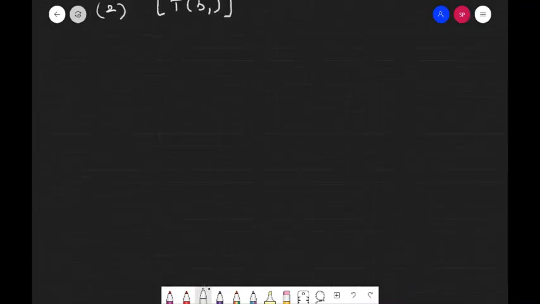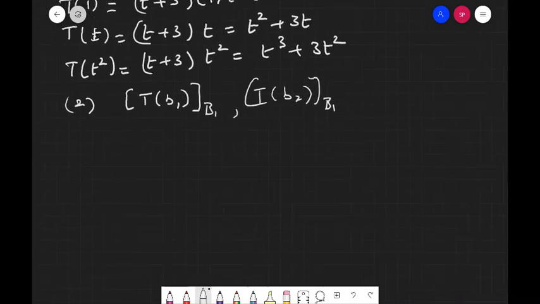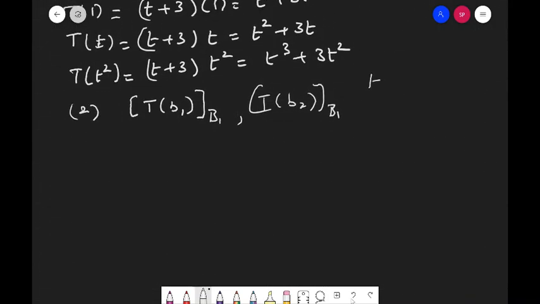So T of B1 with respect to the basis B1, the coordinate vector of T of B2 with respect to the basis B1, and also the coordinate vector of T of B3 with respect to the basis B1.